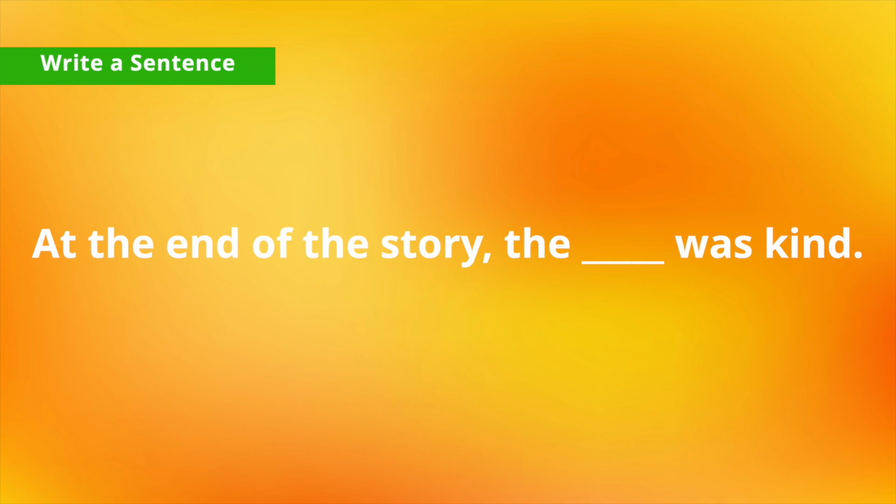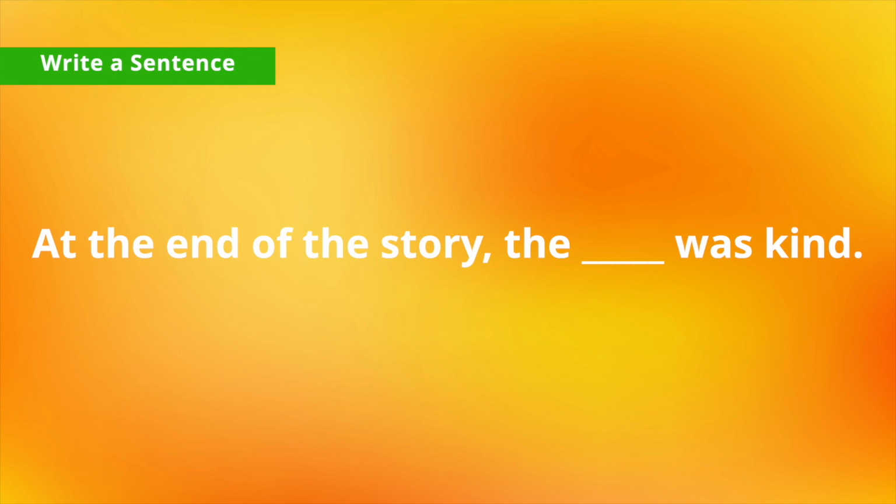At the end of the story, the blank was kind. Think about the character in our story that was kind. Who had a kind character trait? Was it lion or mouse?